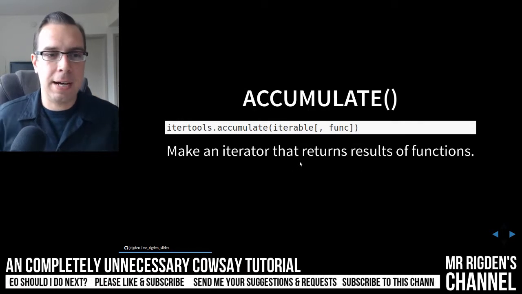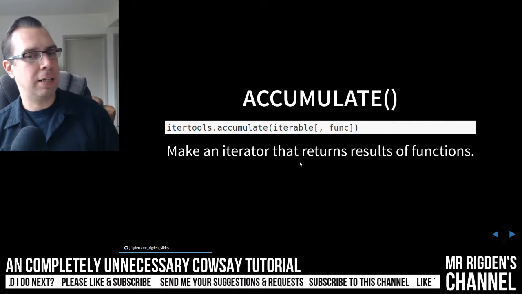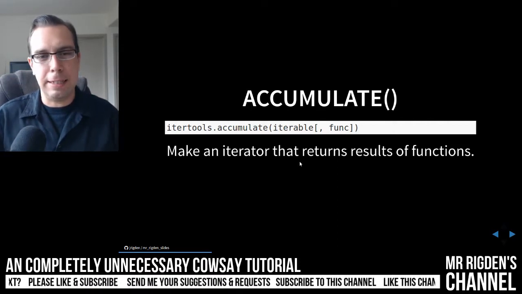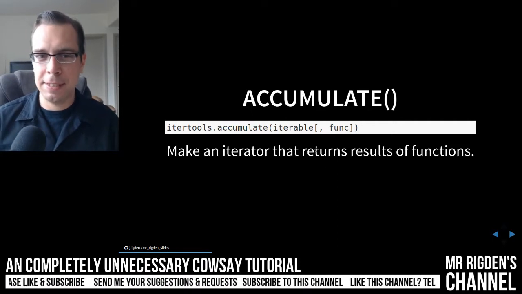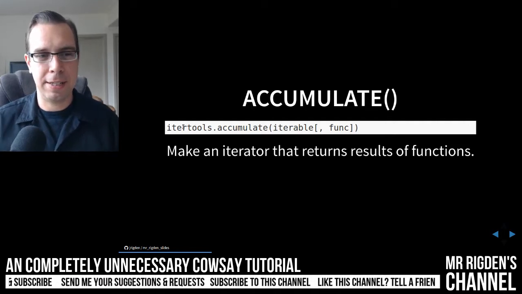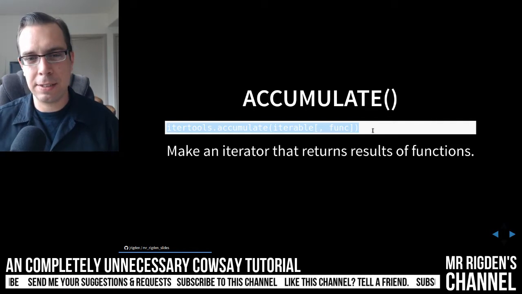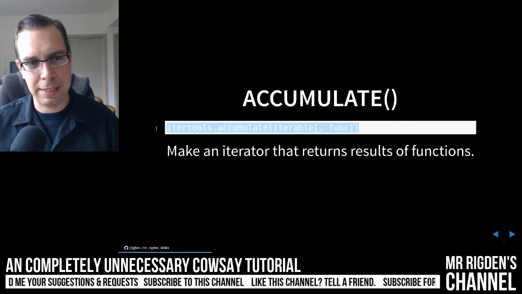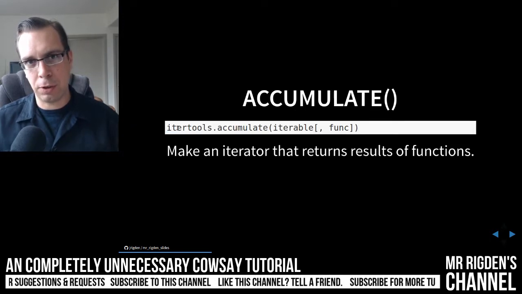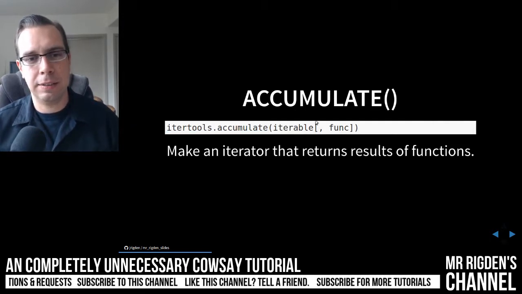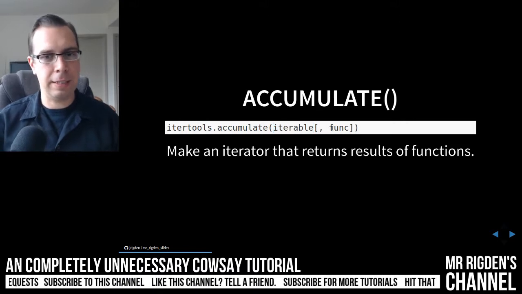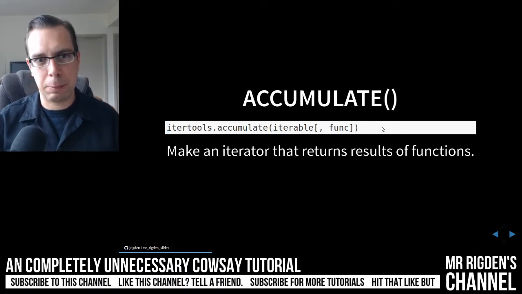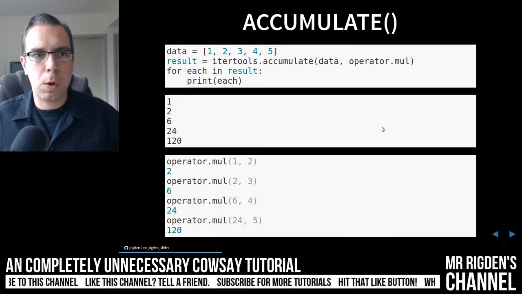Okay. Accumulate. Make an iterator that returns the result of functions. Sounds kind of complicated. Okay, so these here are from the actual documentation. This is the actual structure of what it expects. It expects an iterable, and then a function is technically optional. Okay, so let's take a look here.